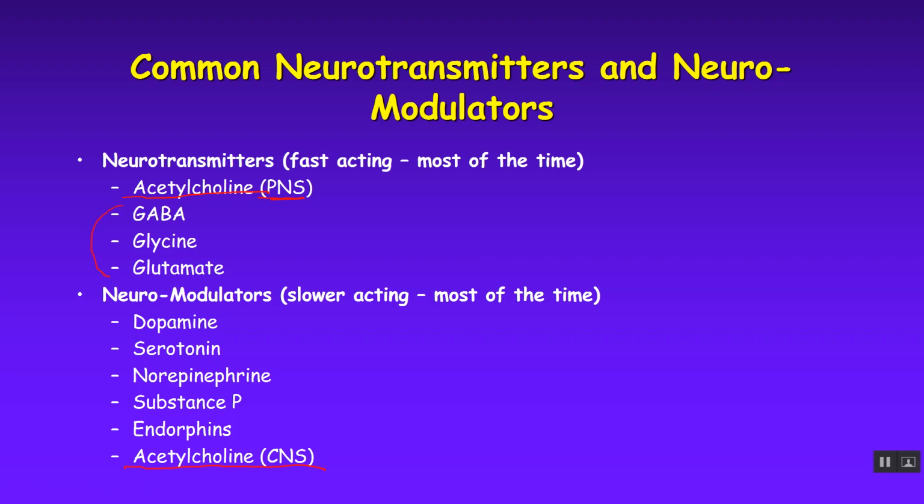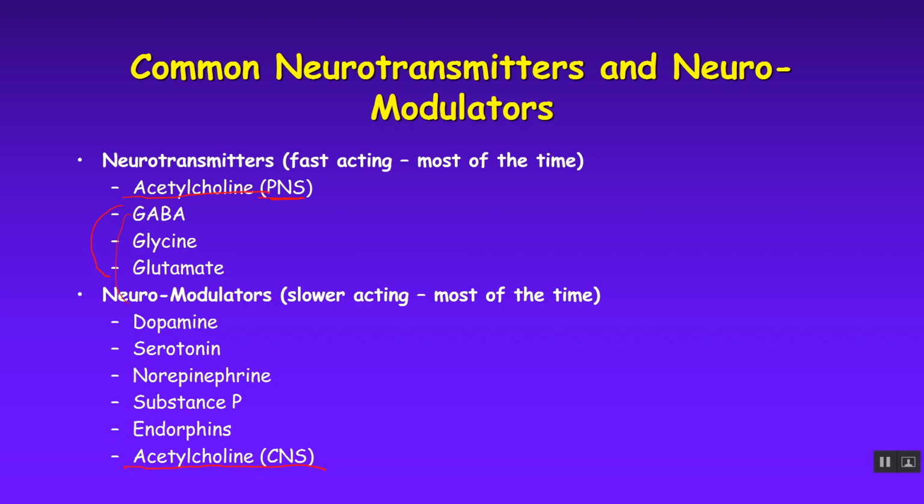These other three here work primarily in the CNS, and they are fast-acting neurotransmitters. And we're going to go through some of these individually in a moment, so I won't mention them right now. But GABA, glycine, and glutamate. So the nice part here, if you're trying to think, what are the neurotransmitters?